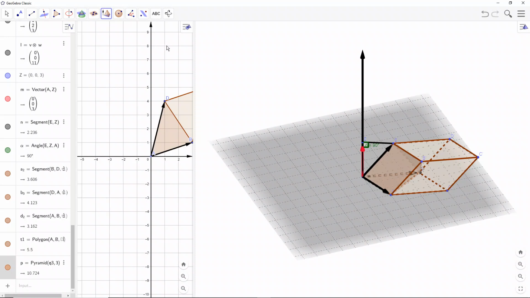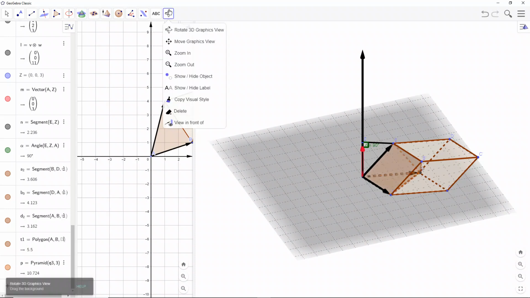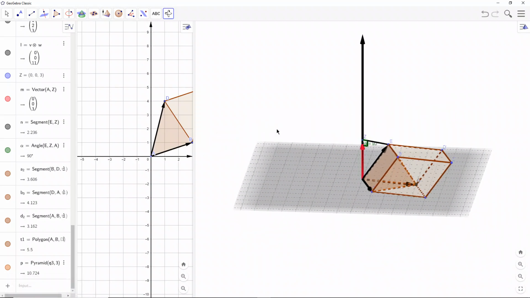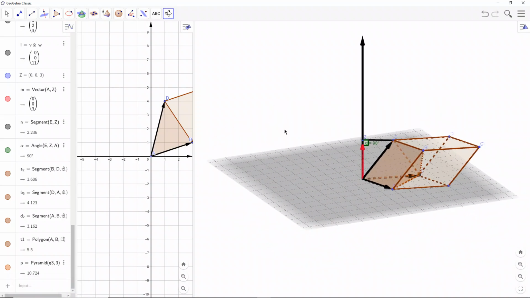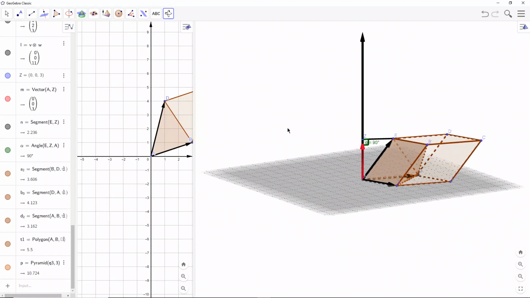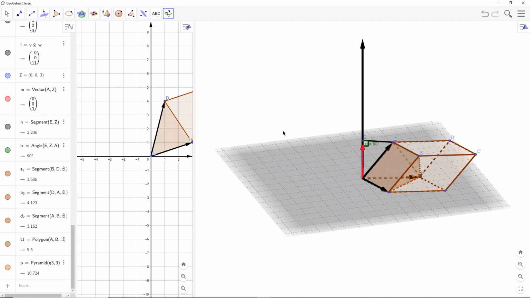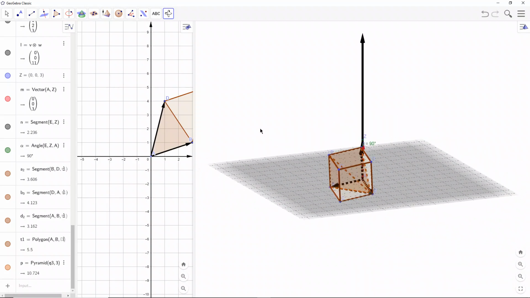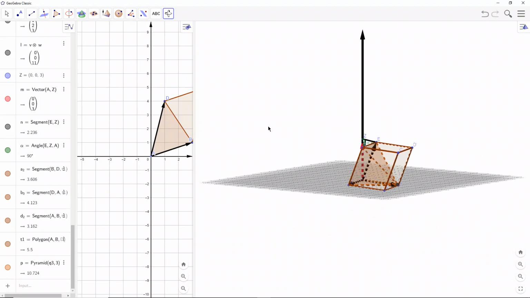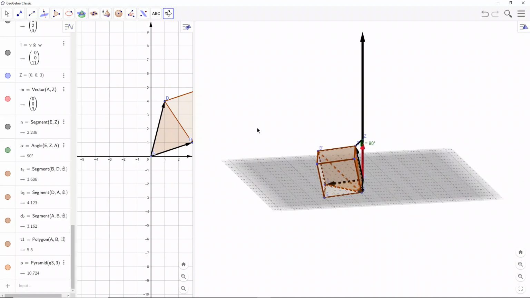We measured its volume there. So let me now choose that one. You see, that was the volume of the tetrahedron. No, that is not the tetrahedron. I think you had another option. No, it's actually a pyramid, isn't it? Yeah, it's a pyramid.